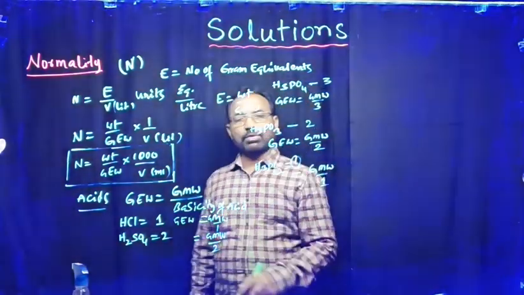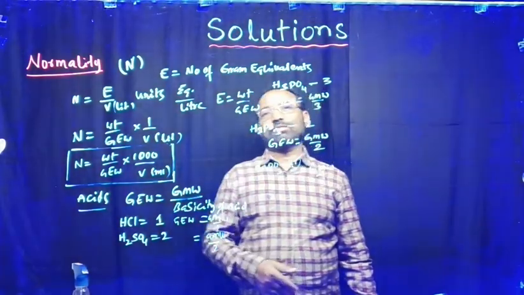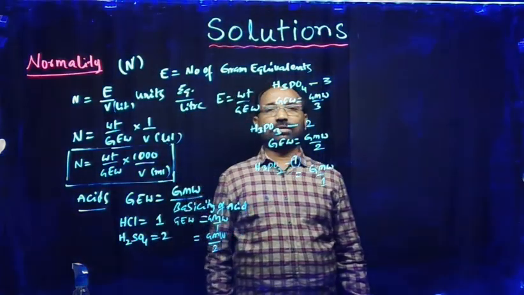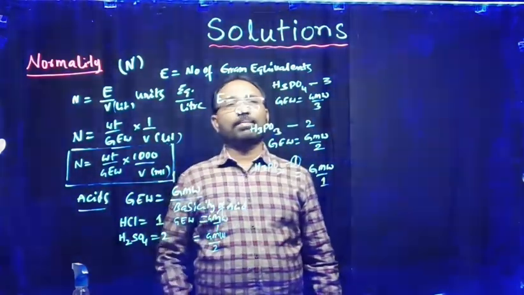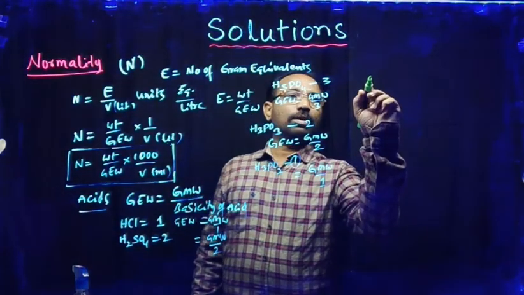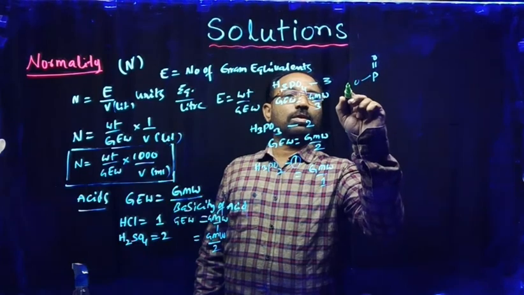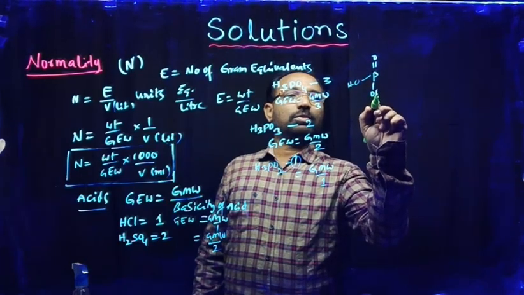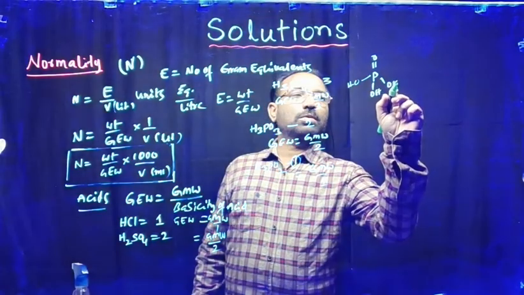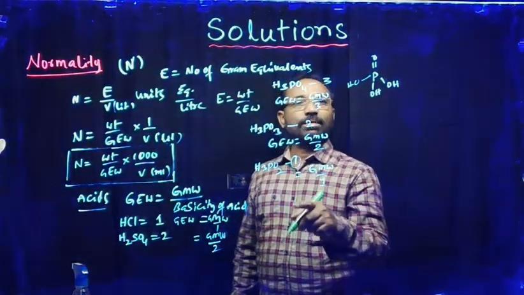And in H3PO2, the basicity is 1. So if you know the structure of these acids, we know very well about the basicity. If you observe the structure of H3PO4, it has 3 OH groups. So the number of replaceable hydrogen atoms is 3.